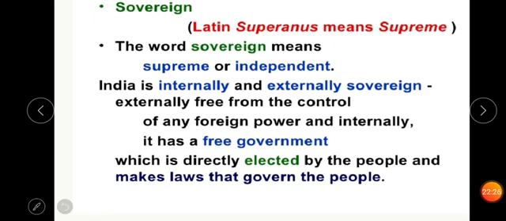India is a sovereign country, meaning India is internally and externally sovereign: externally free from the control of any foreign powers, and internally it has a free government. Exactly, it is right. India is supreme or independent. That's why it is said that India is a sovereign country.